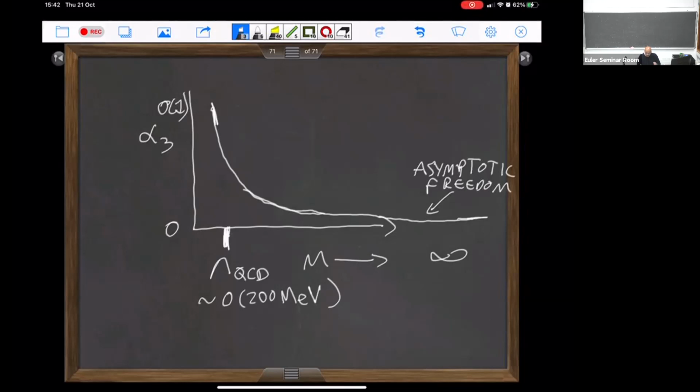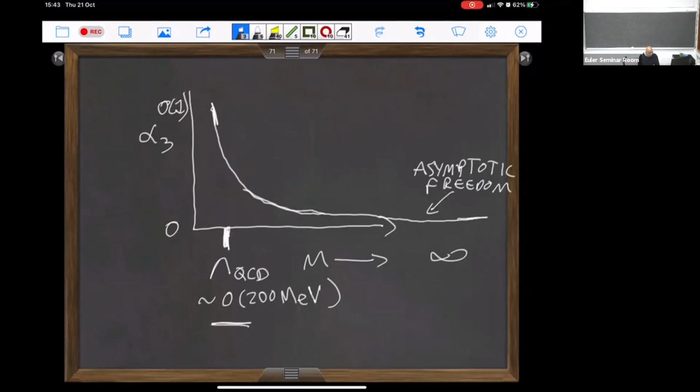Whereas at high energies, they can move around freely, but at low energies, they can't. So this means that quarks have never been observed as free particles.